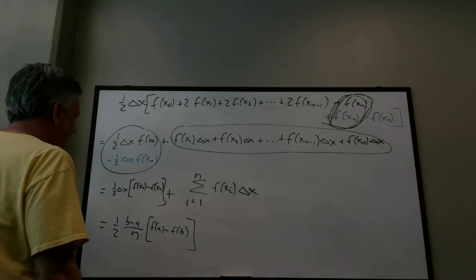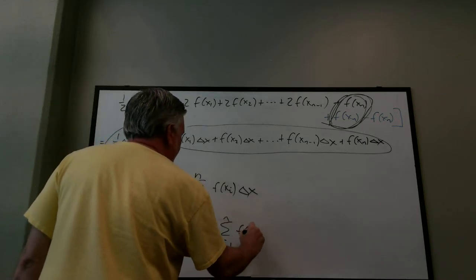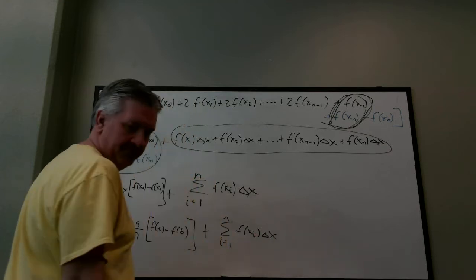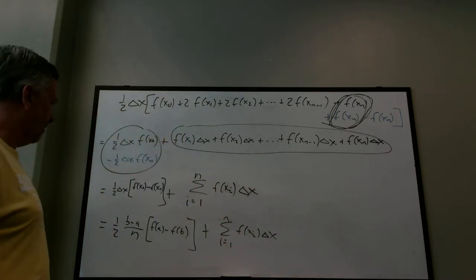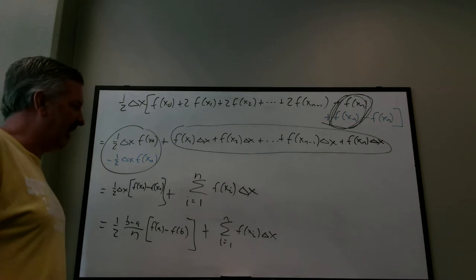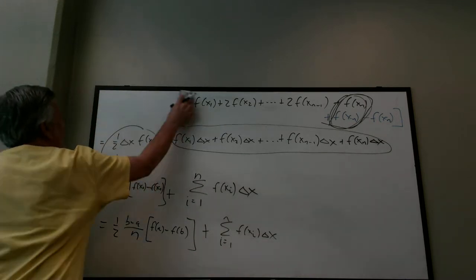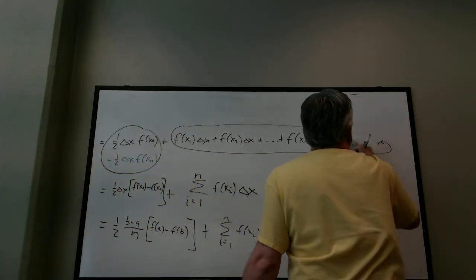And then we still have this summation here. So we finished the next to last line here. I haven't been writing limit. Let me go back down and take the limit of this, and we'll see what we get.